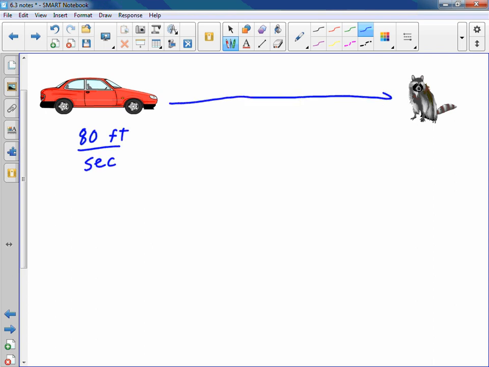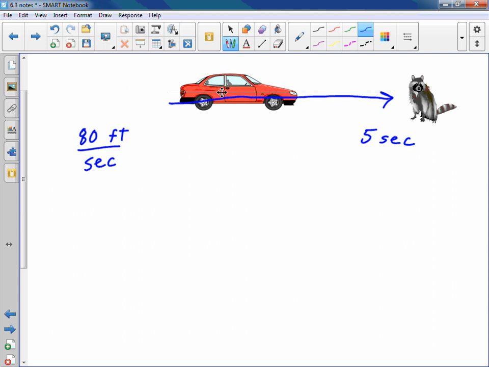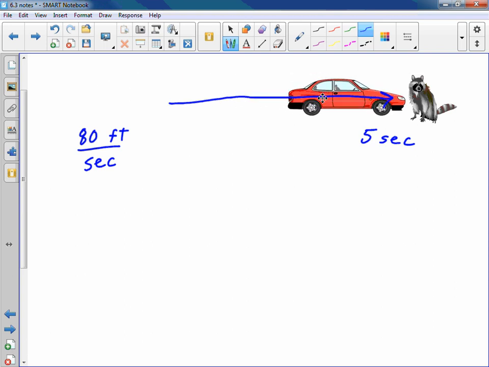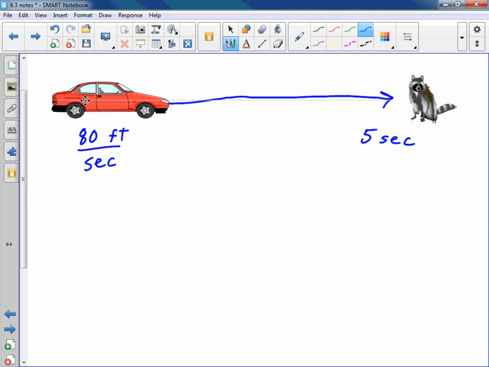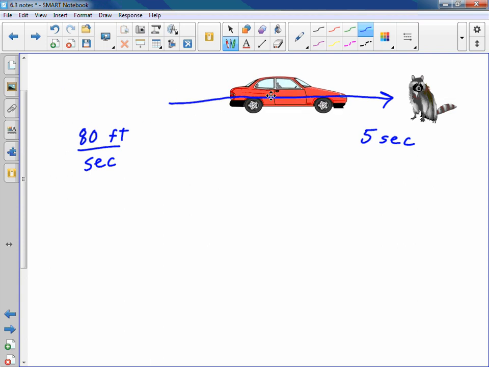headed towards the raccoon. Being a responsible driver, Tom hits the brakes and brings the car to a stop in 5 seconds, just short of the raccoon. So everything's okay. The raccoon is safe.